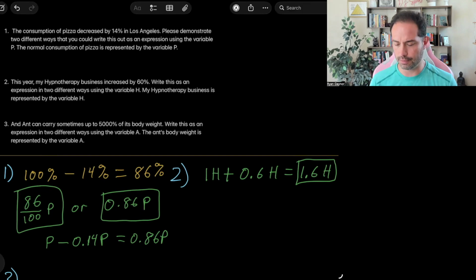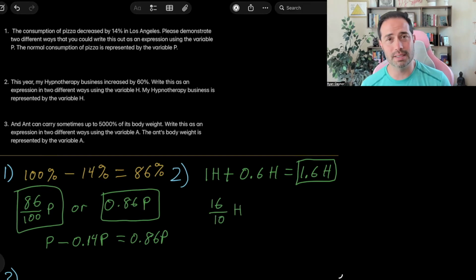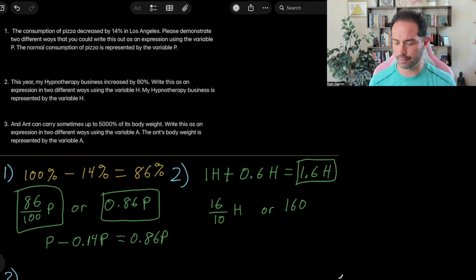Well, we could do 16 over 10 h, right? 16 divided by 10 would be 1.6. So we could look at it that way. Or we could say 160, right?